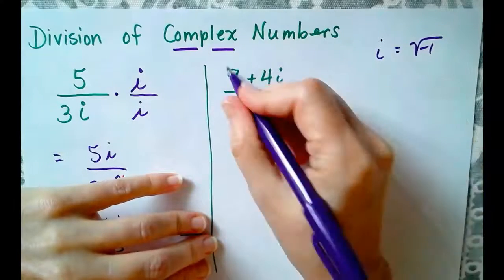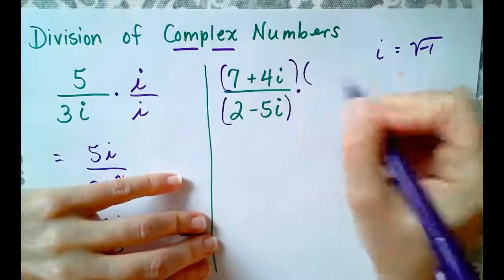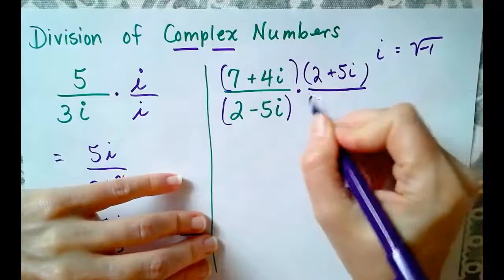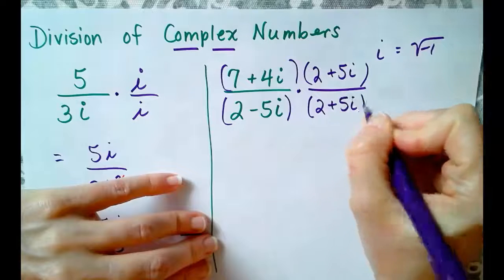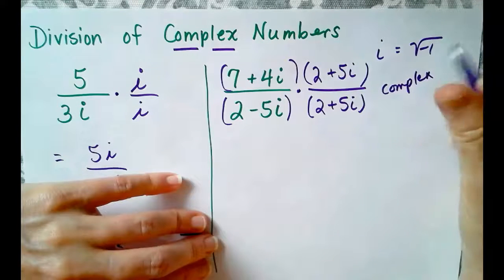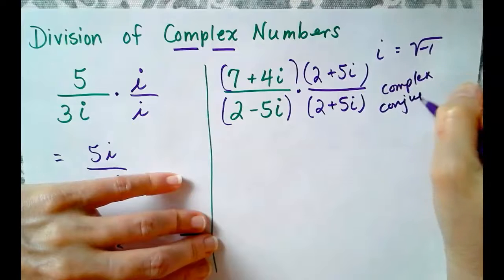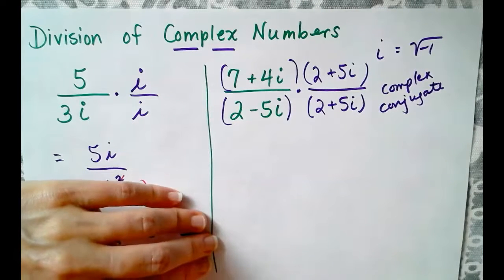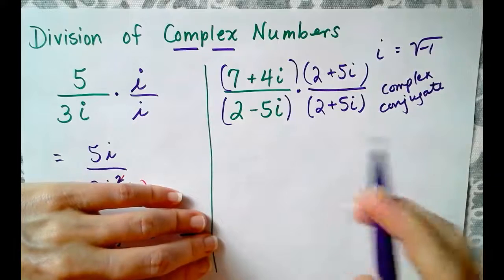We need to multiply both the numerator and the denominator by 2 plus 5i over 2 plus 5i. Once again, that's called the complex conjugate. And a binomial times a binomial demands that we use the FOIL method.